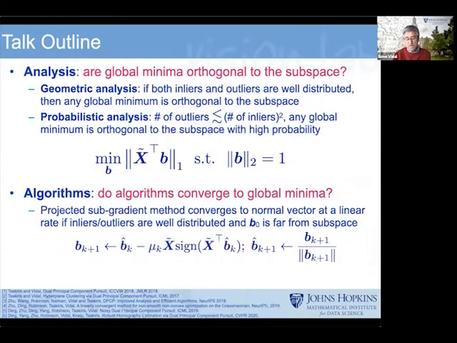Again, the sufficient conditions under which this is the case require the inliers and outliers to be sufficiently well distributed, plus a mild condition on the initialization that needs to be sufficiently far from the true subspace. So somewhat similar to the requirements of, say, the power method for computing eigenvectors of a symmetric matrix.